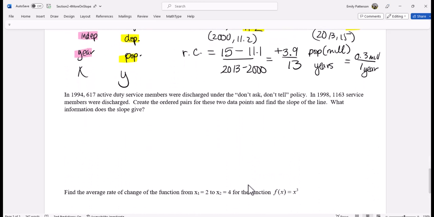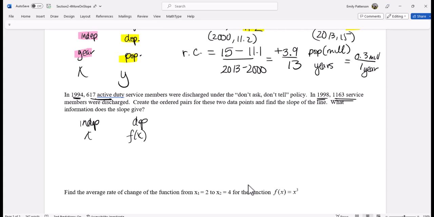We're going to again look at, we're looking for our independent, we're looking for our dependent. Remember, that is our x, and I said y, but that is our f of x values. And then we have two items. We have our x, our time, and then we have the amount of active duty service members who were discharged.